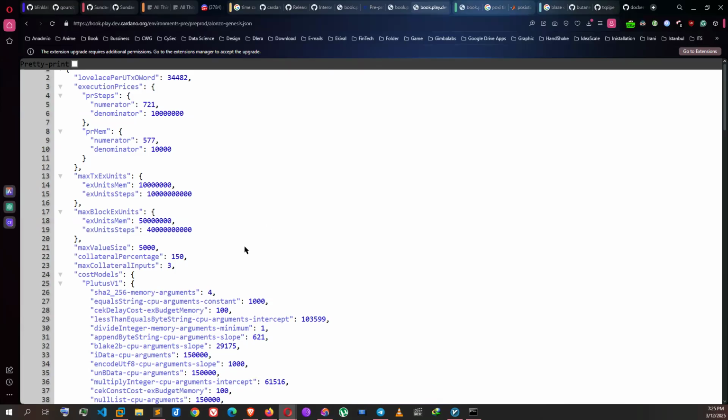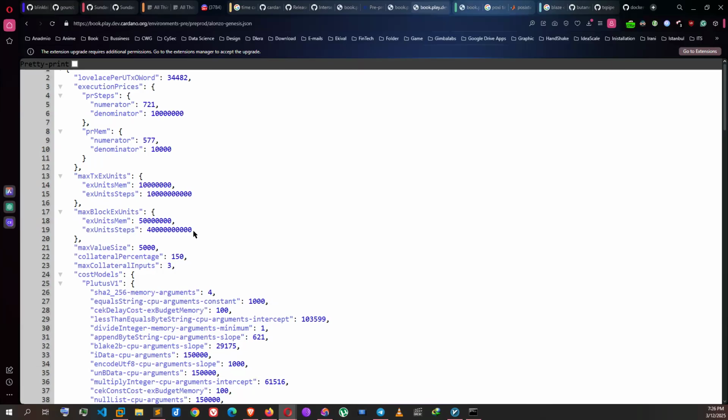Does anyone know? Do you know, Chris, about this question? If a transaction without a smart contract inside it is big, like I'm sending 1 million with 50 different tokens to you, that transaction fee is higher than a normal transaction, like if I just want to send 1,000 ADA to you without any token.